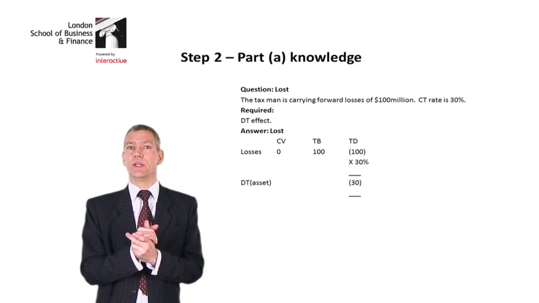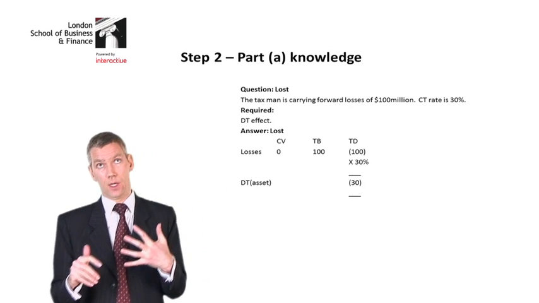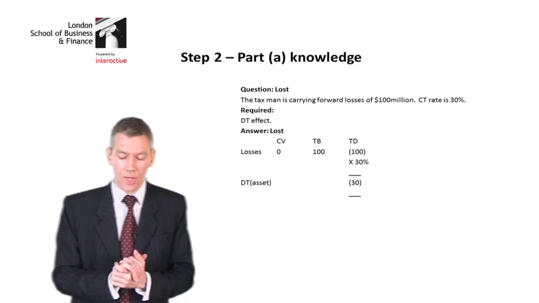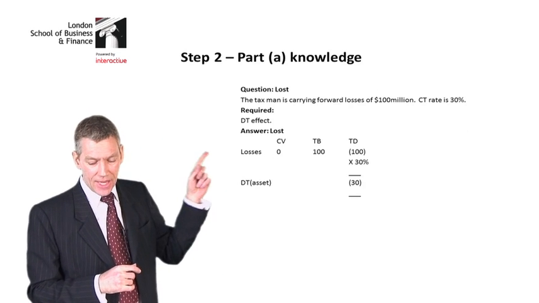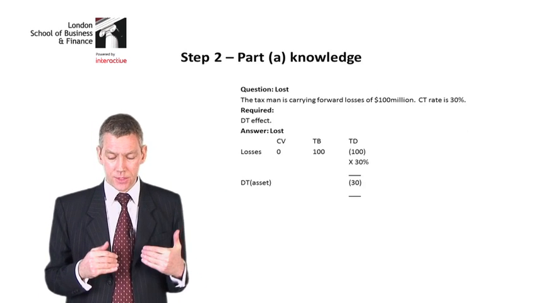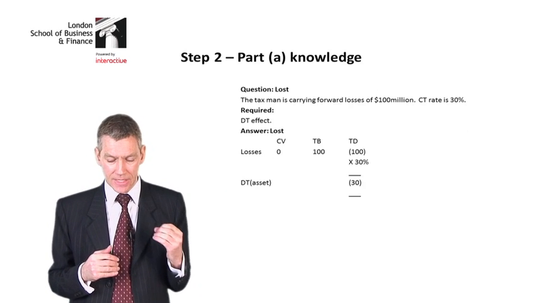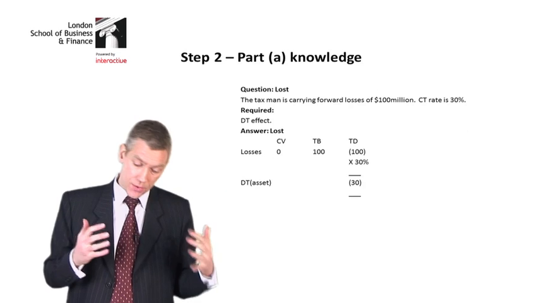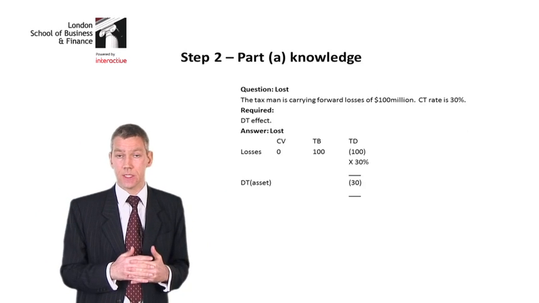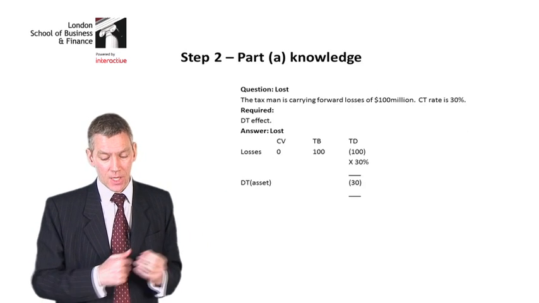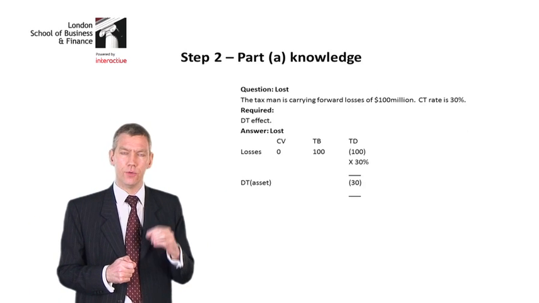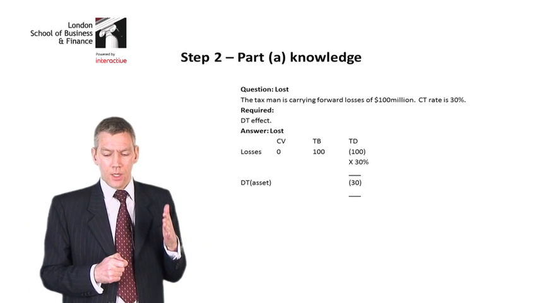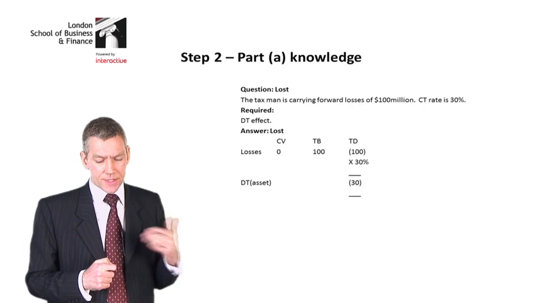So what happens if you have losses? How does that affect deferred tax? Here's a little question. The taxman is carrying forward losses of 100 million and the CT rate is 30% and the requirement is DT effect.